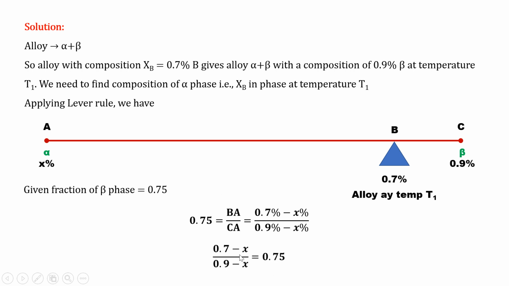0.75 is equal to (0.7 minus x) by (0.9 minus x). Once you solve it, do you get these steps? And the next step will be this one. Are both of you getting the same steps till here?